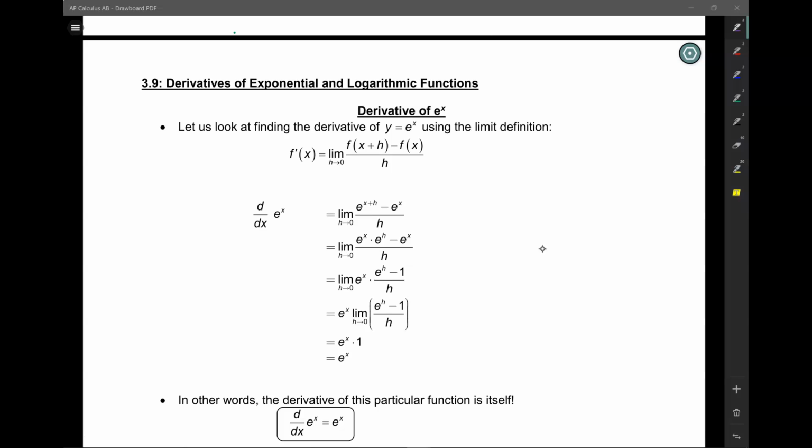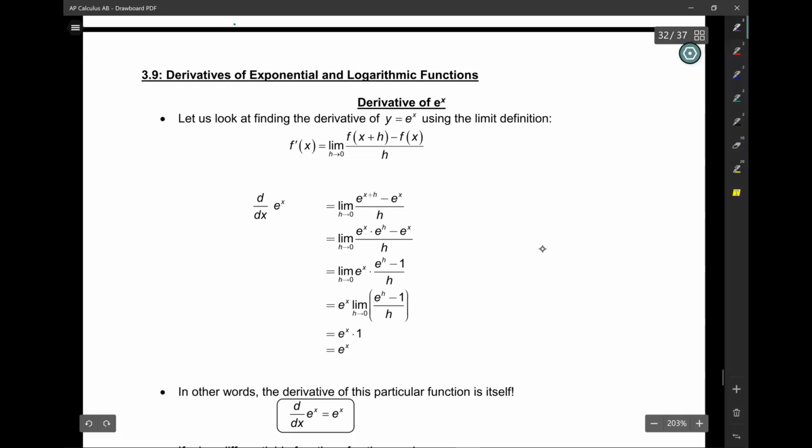So d dx of e to the x is equal to, when we use the derivative, f of x plus h, so e to the x becomes e to the x plus h, minus f of x, minus e to the x, over h, and all this is the limit as h approaches 0.